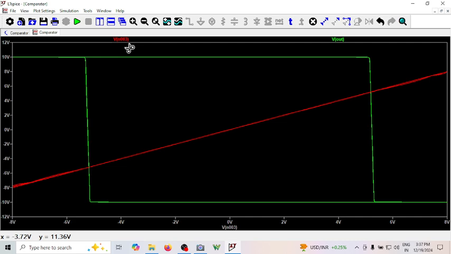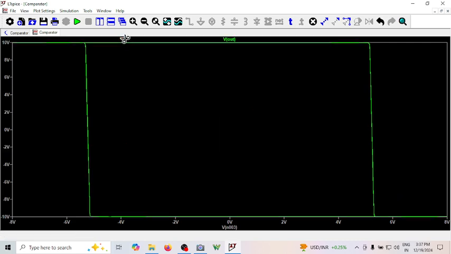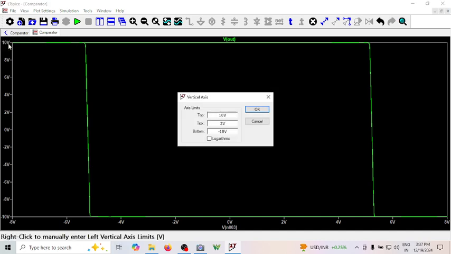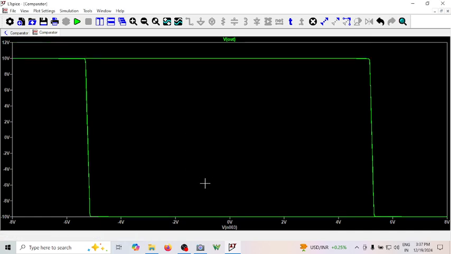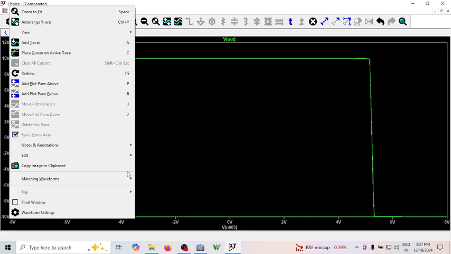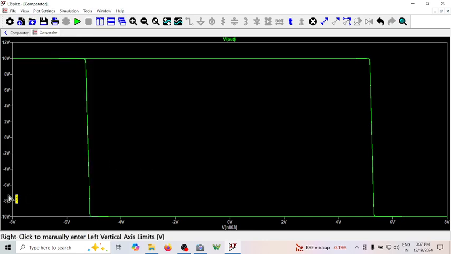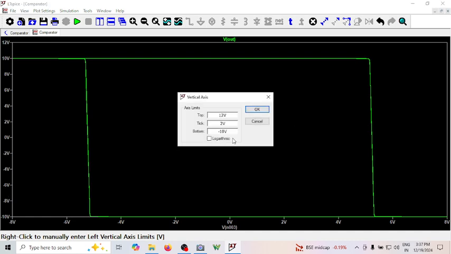Okay, delete this. This again changes to the earlier scale. Now whenever you do some operation, it will go back to that. This is 12, and you can change this to minus 12.